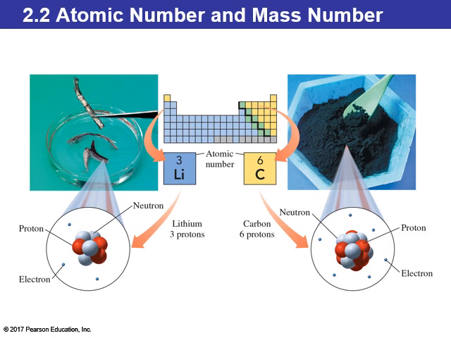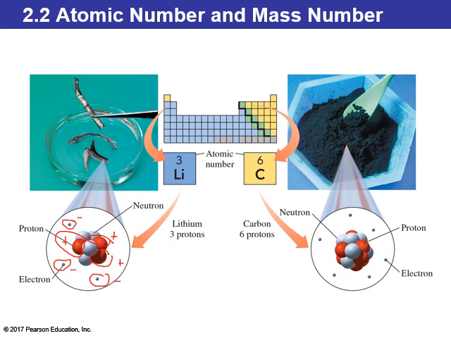This figure is just a review of what we've discussed so far. We see a lithium atom on the left here, and you can count 1, 2, 3 protons. Each one of those protons has a positive charge, and so it can attract 1, 2, 3 electrons, each with a negative charge.